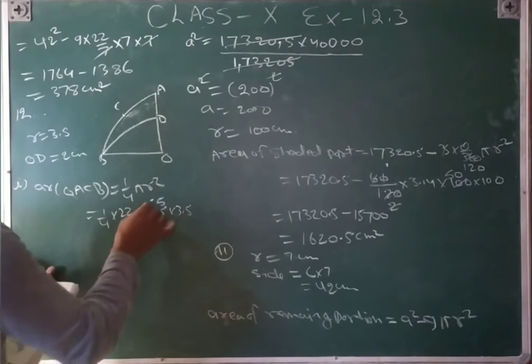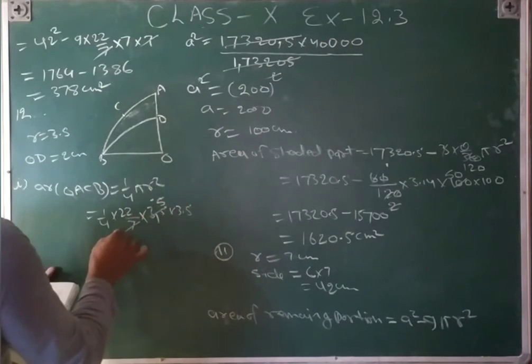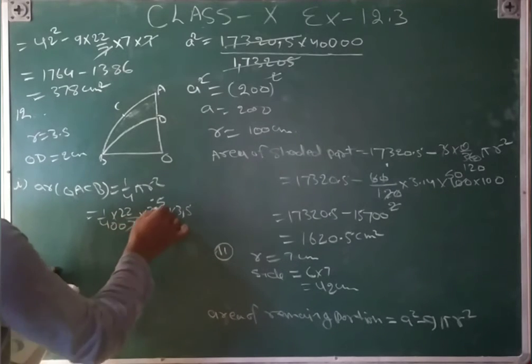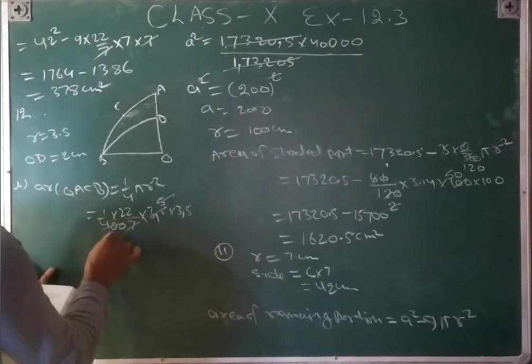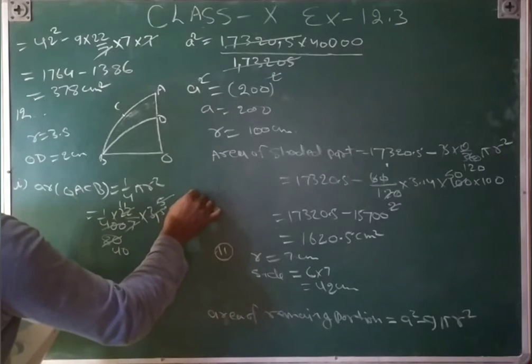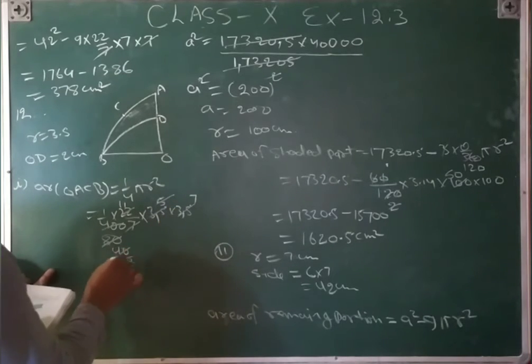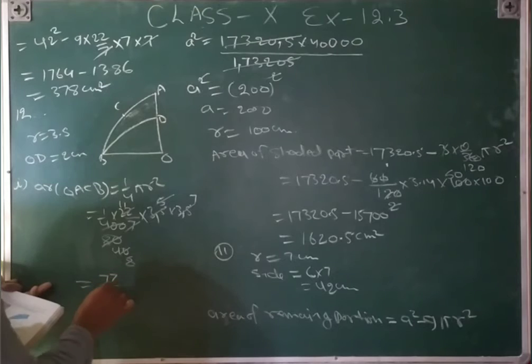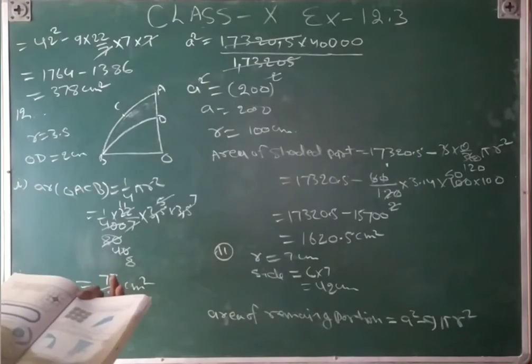Or we can reduce the decimal also. So that will be 11 times 7, 77 upon 8 centimeter square.